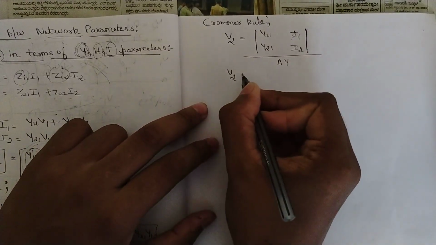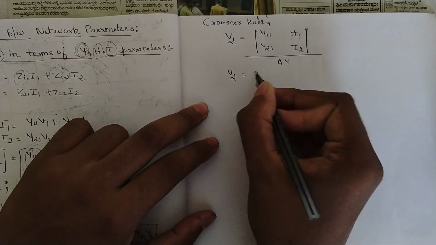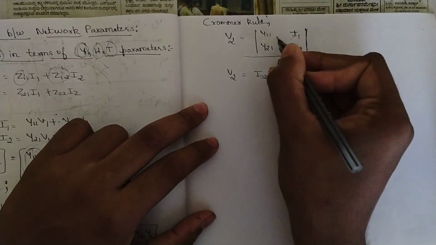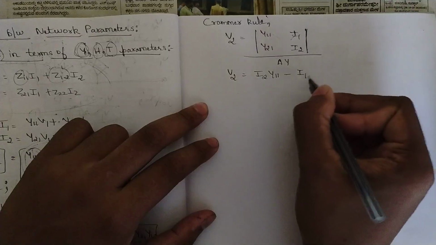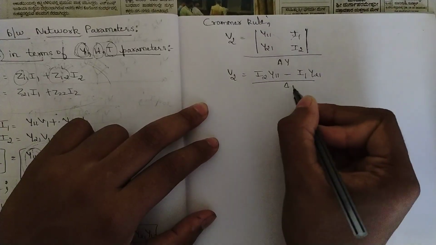Now take the cross multiplication: I2 into y11 minus I1 into y21, divided by delta y.